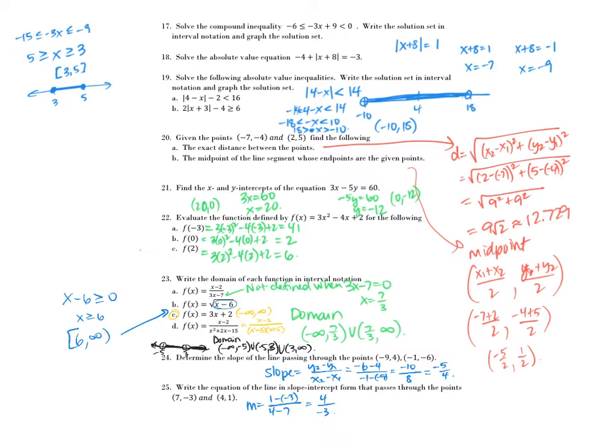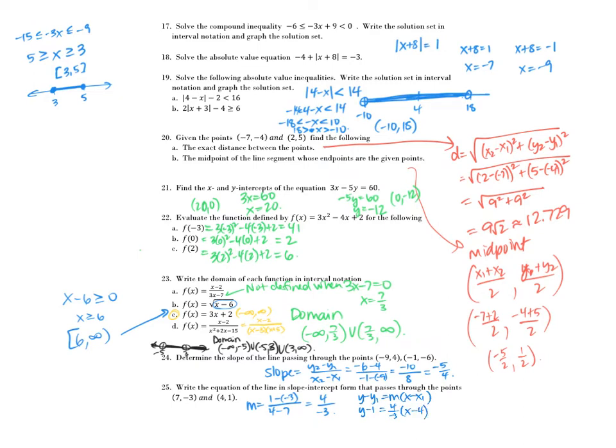And then I can just write my equation of my line, y minus y1 equals m times x minus x1. And so you can just pick either of your points. I'll just do the (4, 1) just because it's all positive. So y minus 1 equals 4 over negative 3 times x minus 4.